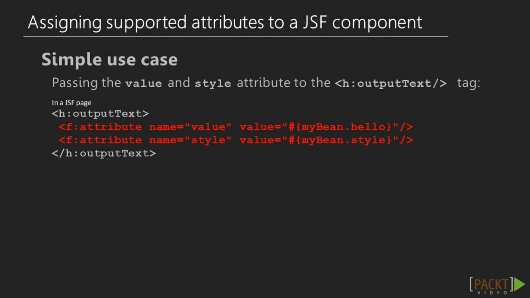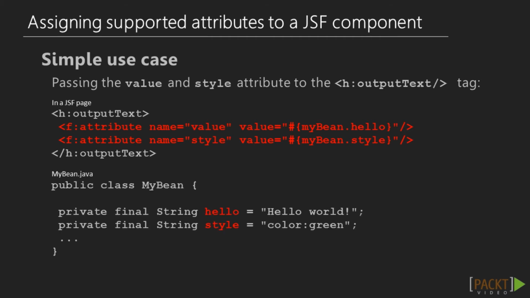Here we use the f:attribute to set the style and value attributes to the h:outputText tag. The values of these two attributes are provided by the following bean. So, based on this example, you can set any attribute of any component.